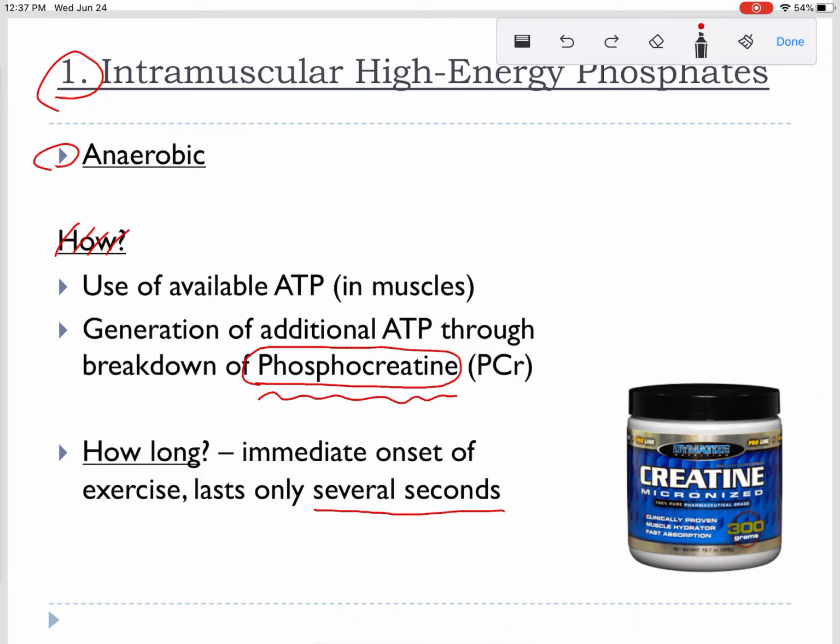And the answer is several seconds. So this is the first series of chemical reactions on the way to producing ATP. It is anaerobic. It utilizes something our body already makes called phosphocreatine, and it will give us ATP, just a little bit, that our muscles can utilize to provide contraction for only a couple of seconds.